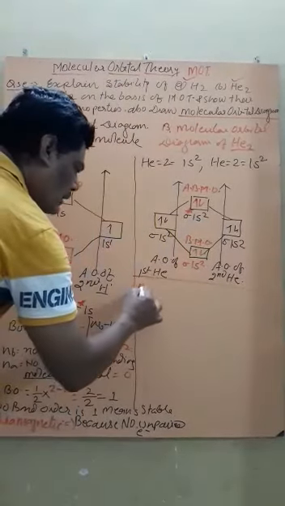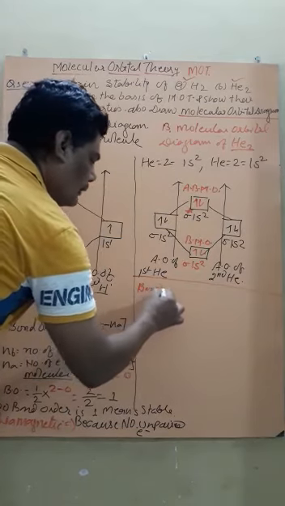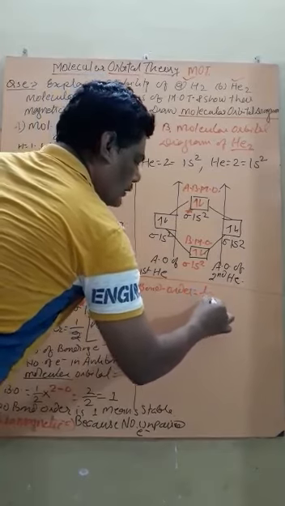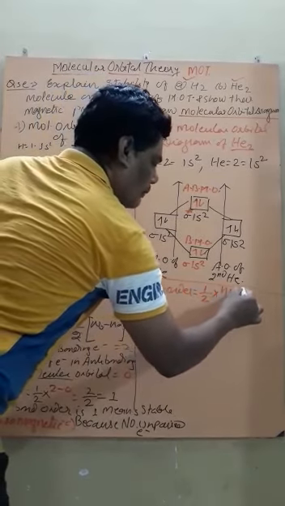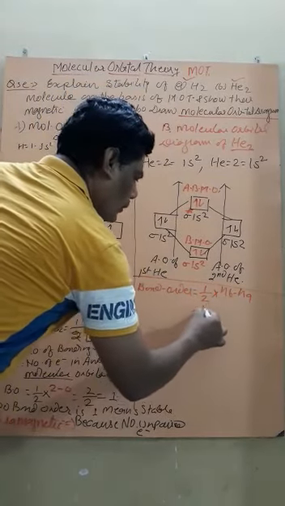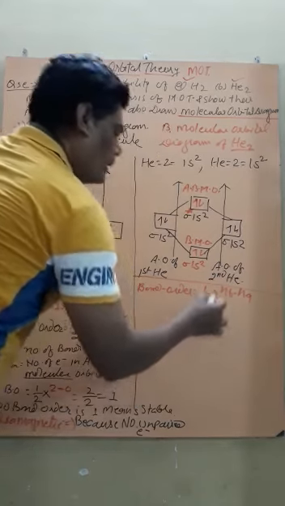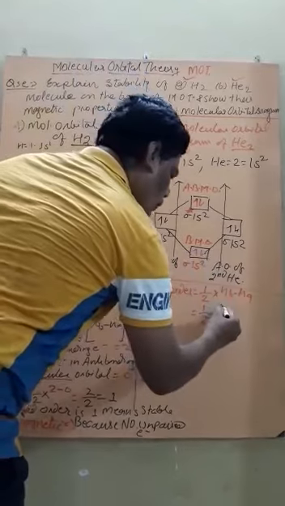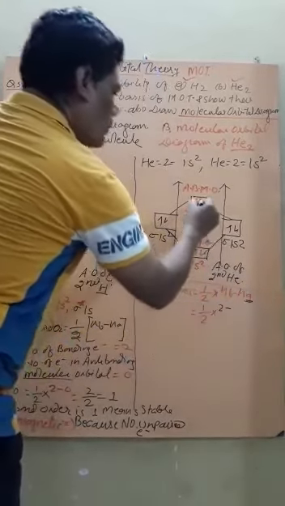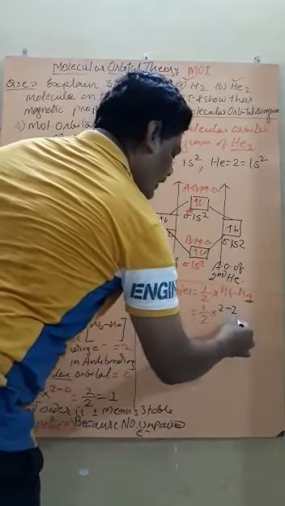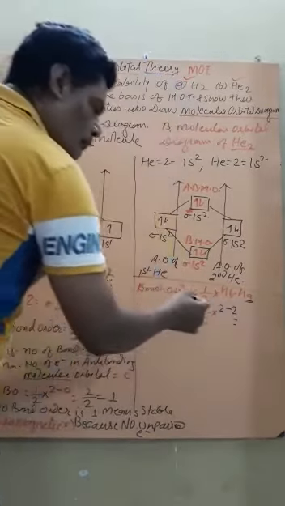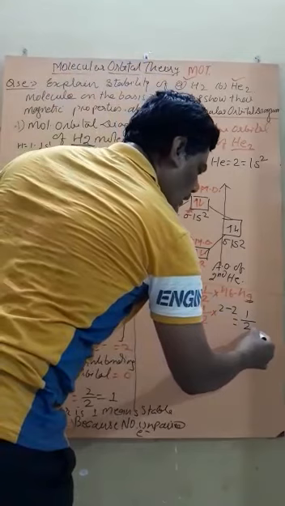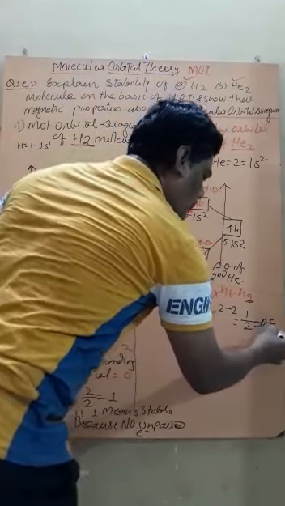Now we have to find the bond order. So how to find it? Again 1/2 into Nb minus Na. Now 1/2 multiplied by Nb, the number of bonding electrons, which is 1 and 1, 2, minus the number of anti-bonding electrons, again 2. That is 1/2 into 2 minus 2, which is simply 1/2, equal to 0.5.